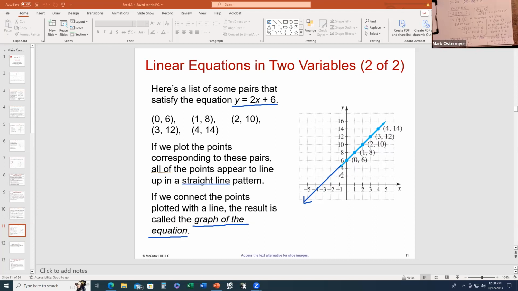And you can see that some ordered pairs would have very messy x and y coordinates. For instance, this point right here, it would be very difficult to read off its x and y coordinates. It'd be like a messy decimal or fractional value. Here's another one that would have a very messy x and y coordinate.